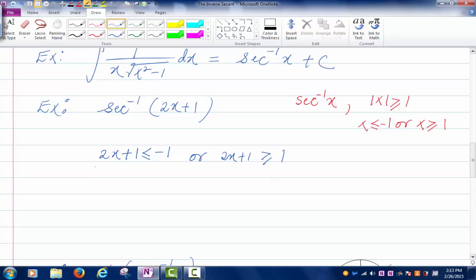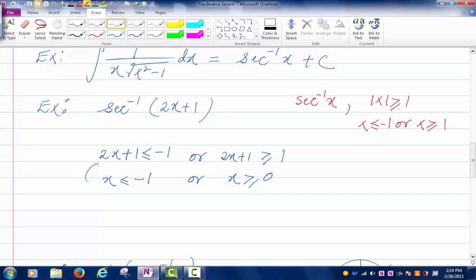From the first, what do I get for x? x is less than or equal to? What's the solution of the first inequality? You're going to subtract, you're going to get negative 1, right? Or in the second one, you're going to get 0. So x would be greater than or equal to 0.